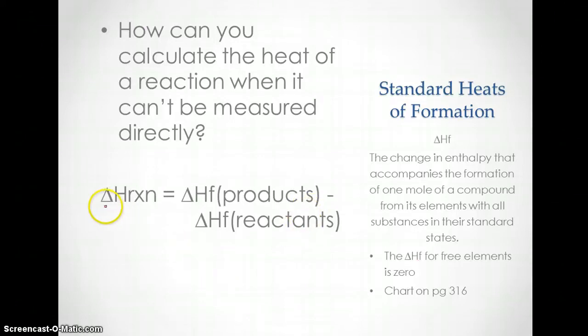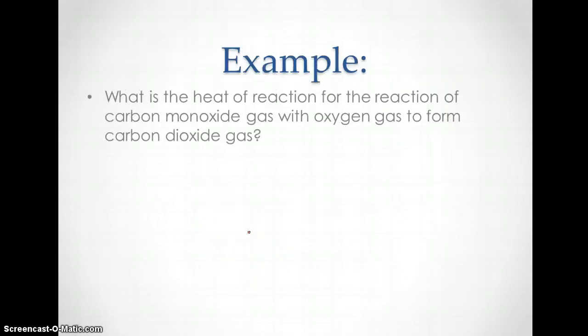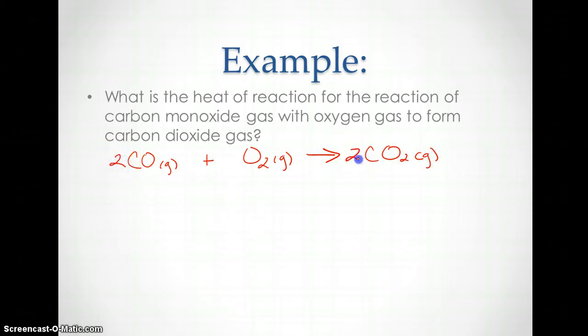So the formula we're going to use to find the heat of the reaction is to add up all the heats of formation for the products and subtract the heats of formation for the reactants. So let's work through an example. What is the heat of reaction for the reaction of carbon monoxide gas, CO, with oxygen gas, O2, to produce carbon dioxide gas, CO2? Now we want to balance our equation, and then using the chart on the page that was on the previous slide, we can look up the heats of our reactants.